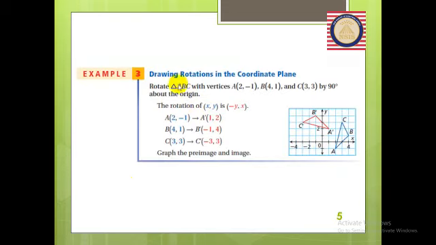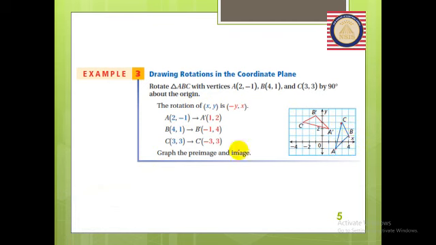Let's take this example. If you want to rotate A, B, C, of course you plot the points on the coordinate plane. A is 2 and negative 1. B is 4 and 1. C is 3 and 3.